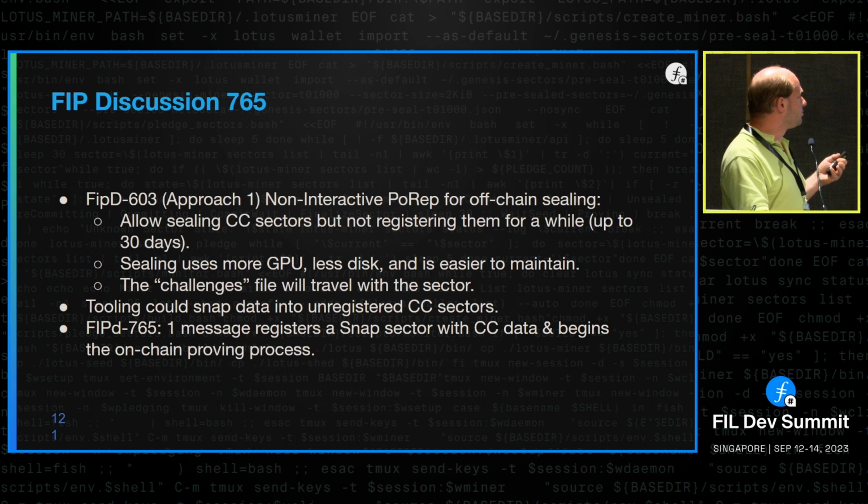And so then the idea is that this FIP proposal on top of these would allow that single message to combine CC data when you're ready to combine it into the snap data into the CC.